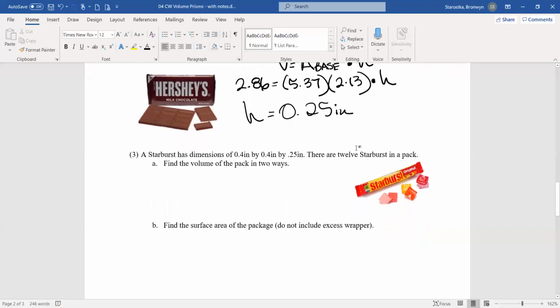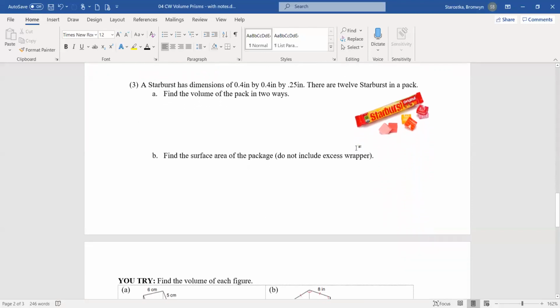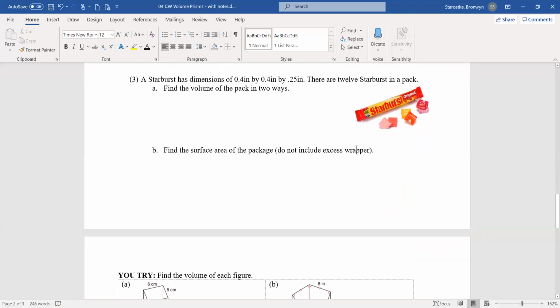A Starburst, moving along. Has dimensions 0.4 by 0.4 by 0.25 inches. And there are going to be 12 Starbursts in a pack. So let's find the volume of the pack. We're just going to do it once.